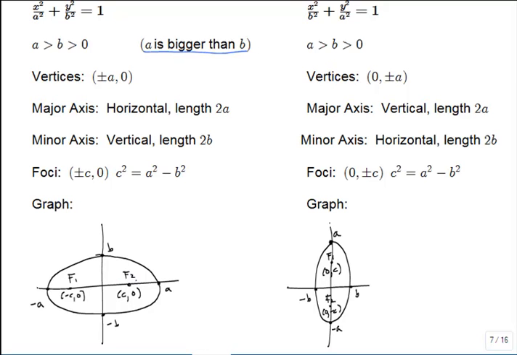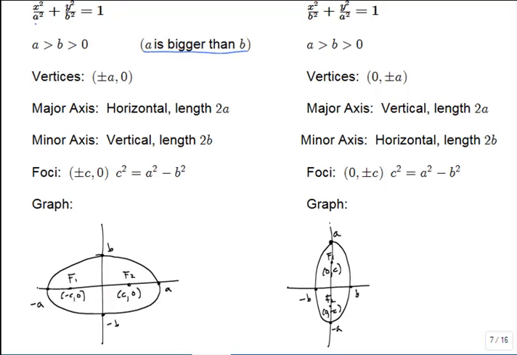That tells you how much to go to the left and to the right on the x-axis. And then the b is going to tell you how much to go up and down since it's underneath the y. So look at your variable on top to tell you in which direction to move. So I go a to the right and a to the left, and b up and b down.